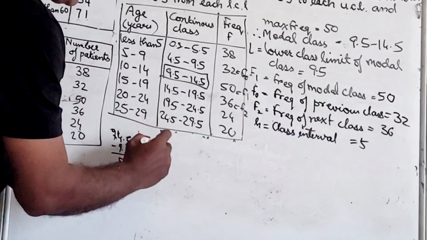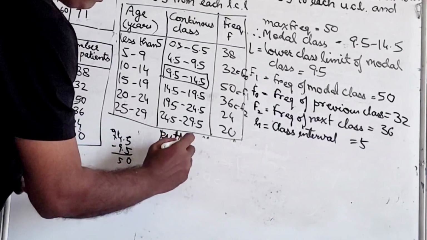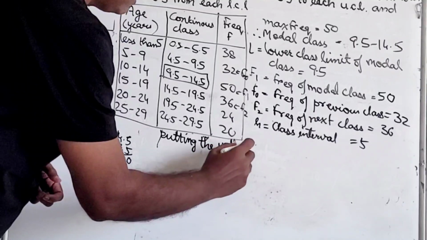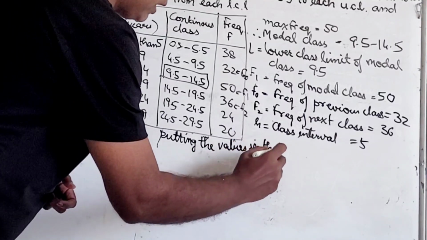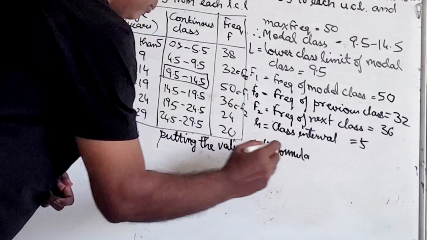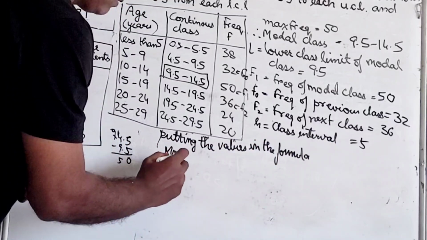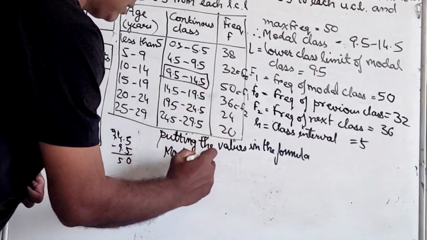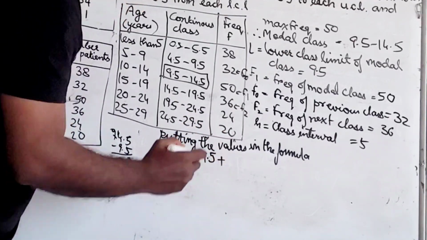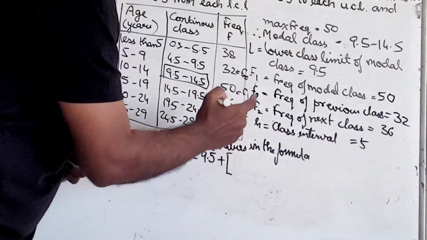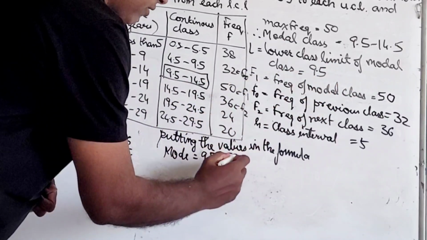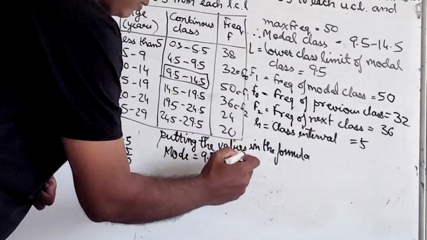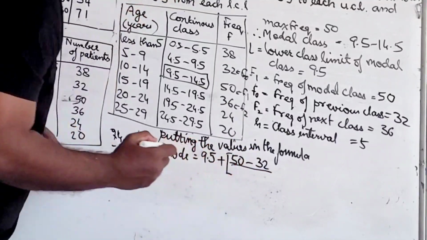So now putting all these values in the formula, mode is going to be equal to L. L stands for lower class limit, and that is 9.5, plus f1, the frequency of the modal class, which is 50, and f0 is the frequency of the previous class, that is 32.